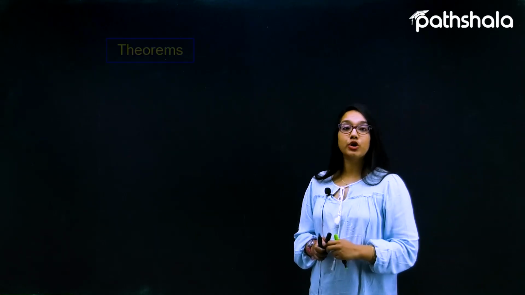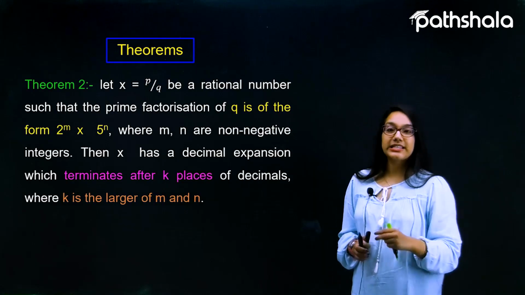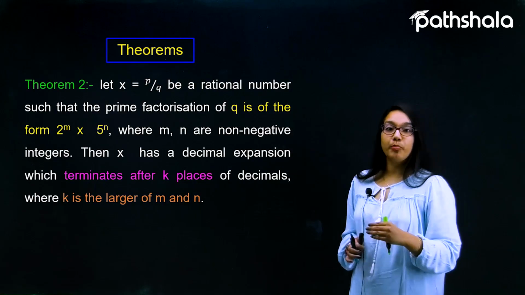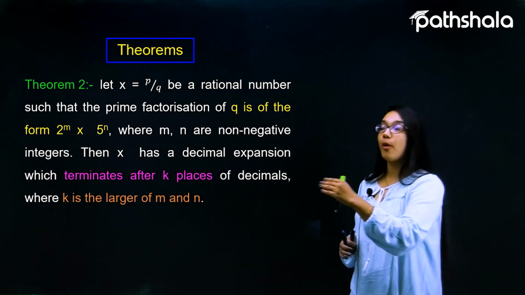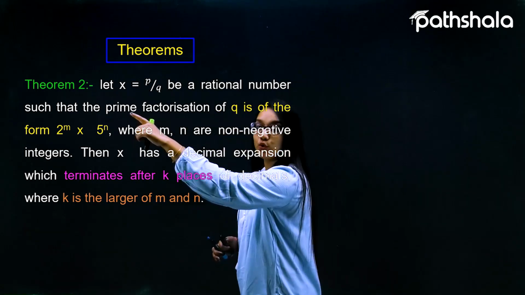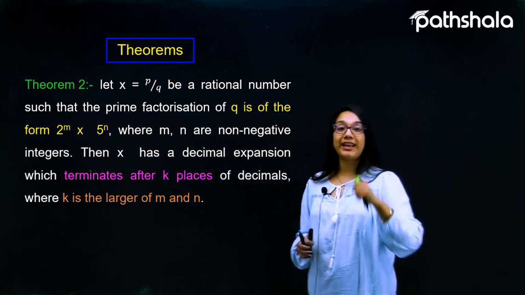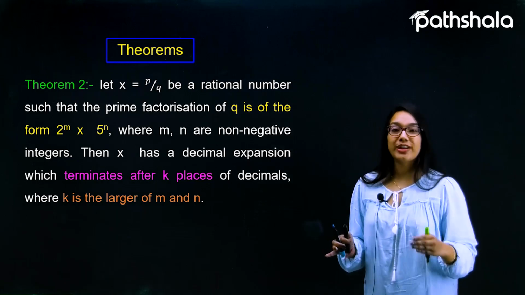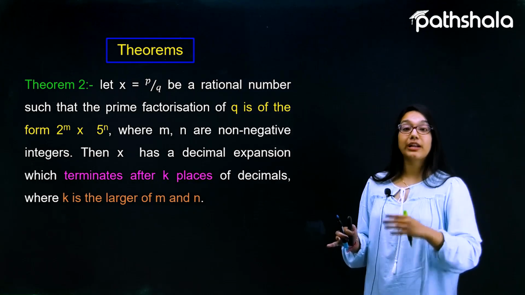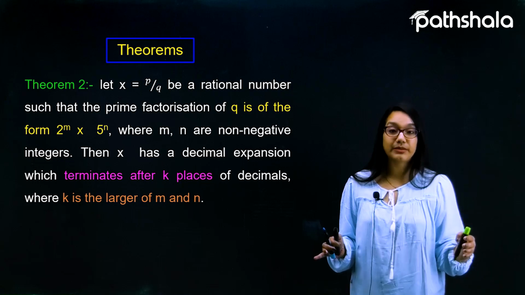The second important theorem says: let x equal P by Q be a rational number such that the prime factorization of Q is of the form 2 raised to the power m into 5 raised to the power n, where m and n are non-negative integers. Then x has a decimal expansion which terminates after k places of decimal.